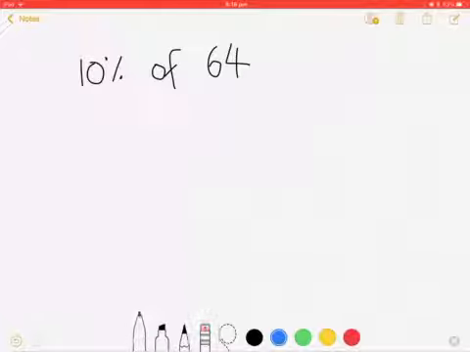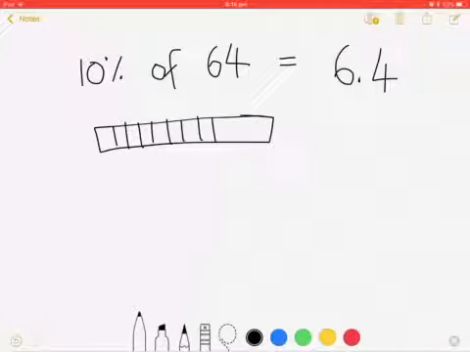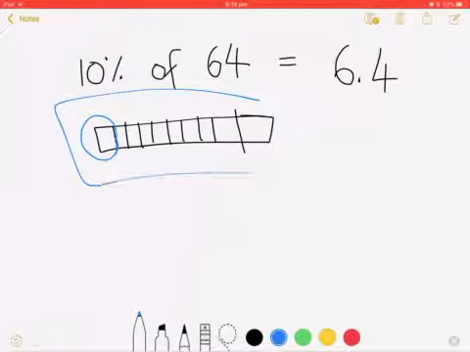So what do I know? Well, I know because I just worked out that 10% of 64 is 6.4. So if that's 10%, how would I find 1%? If I have 10 of something, which is my 10%, and then I'm asking to find 1 bit of that, what am I doing to that whole thing?